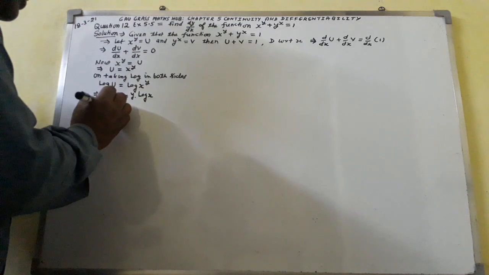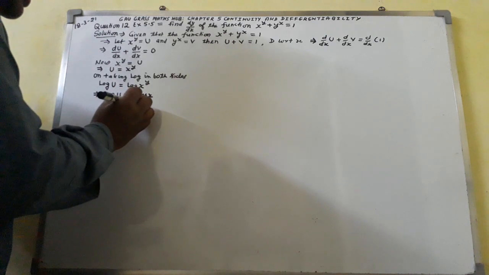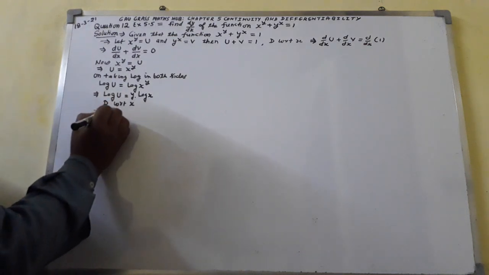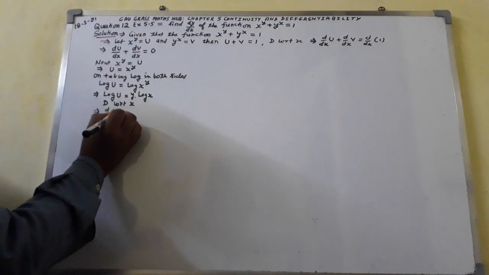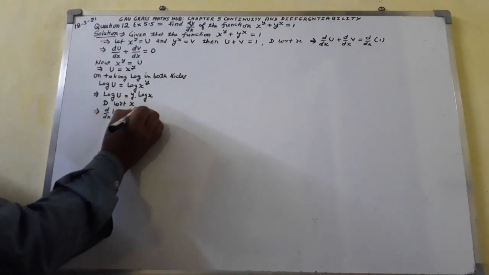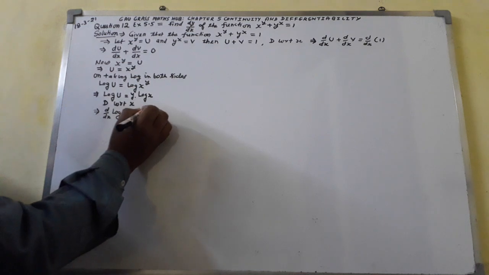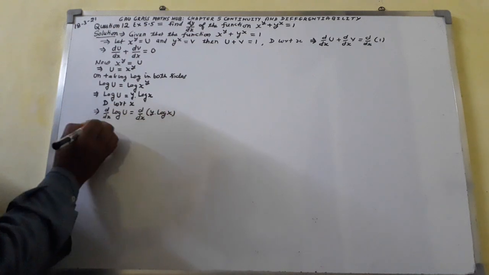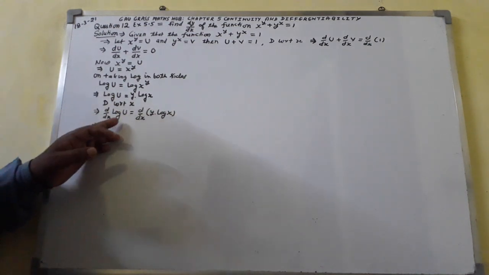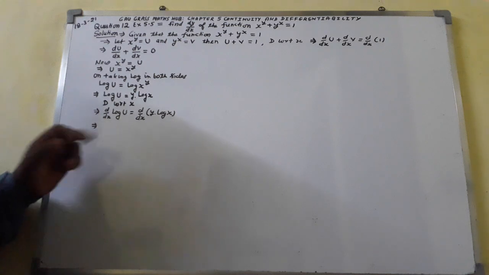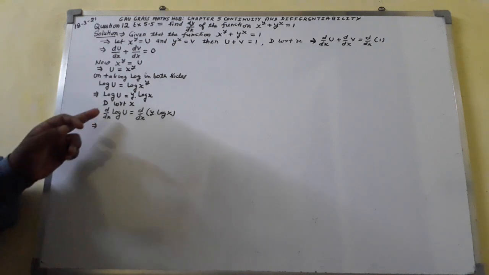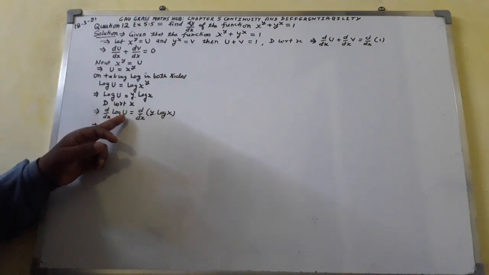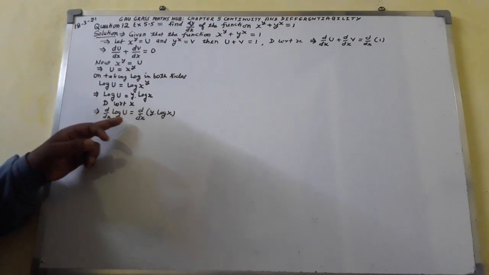Now differentiating with respect to x, we get d over dx of log u equal to d over dx of y dot log x. Here in the center function u is available, in the denominator x is available. For the time being, let u equal to x; d over dx of log x comes out to be 1 over x.